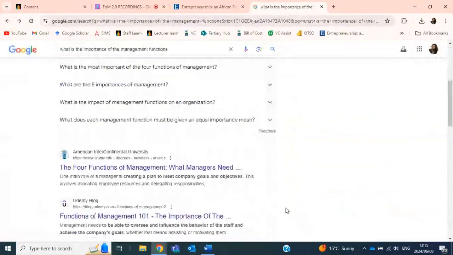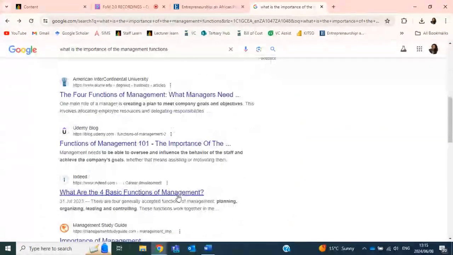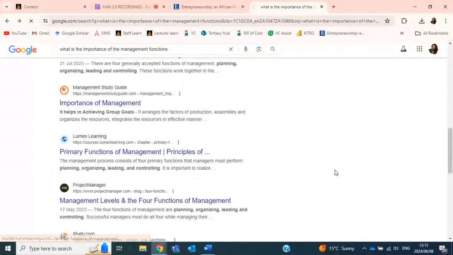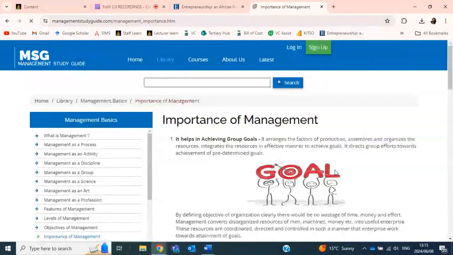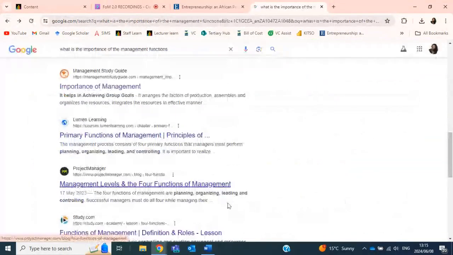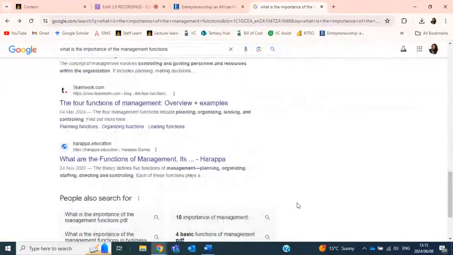I like sources that have authors because you need to be able to identify an author. Then managementstudiesguide.com. Let's try this one. Again, I don't like this because it doesn't have an author, so I'm going to skip that.